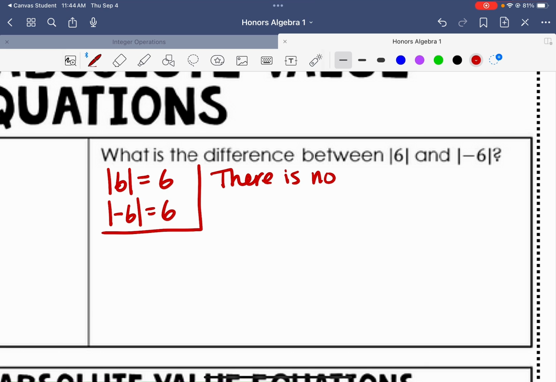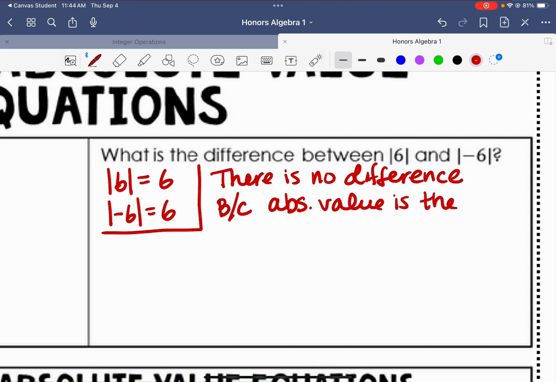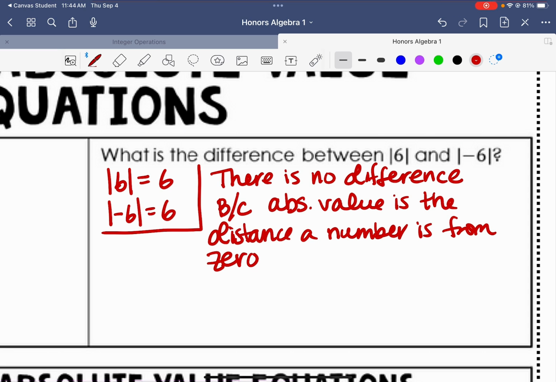There is no difference because absolute value is the distance a number is from 0 on a number line. 6 and negative 6 are both 6 units away.